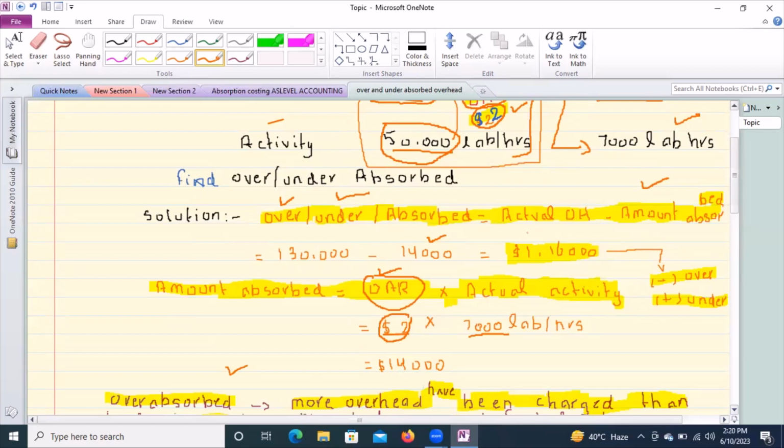If your answer is a negative amount, it means that your overheads are basically over absorbed. And if you get a positive answer, it means that your overheads are basically under absorbed.